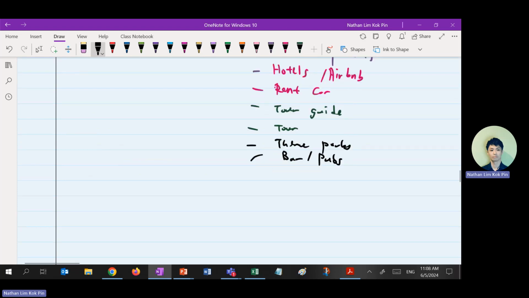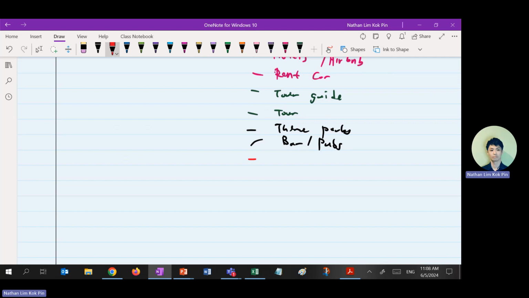Depends on which country and where you want to go. Maybe just other tourist destinations. Maybe the history site, the culture site, the heritage site, the museum, the zoo. There are so many things to write on.